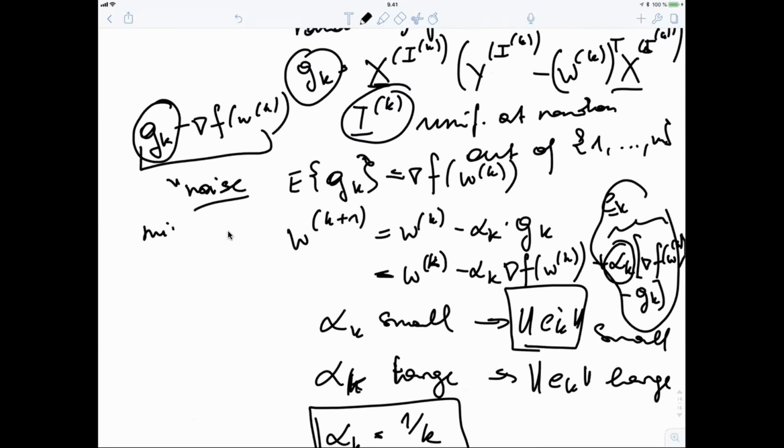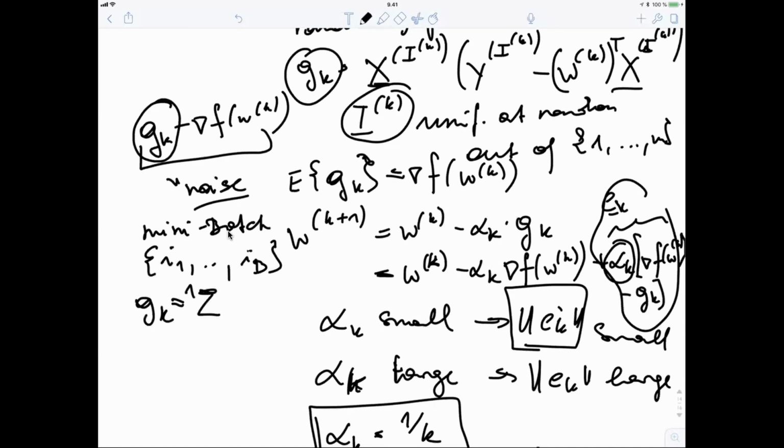So we call this a mini batch. And this might consist of, let's say, B data points, which are indexed by i1 till iB. And then we compute the gradient estimate over this mini batch: 1 over B, sum over all data points in the mini batch, xi times (wk transposed xi minus yi).